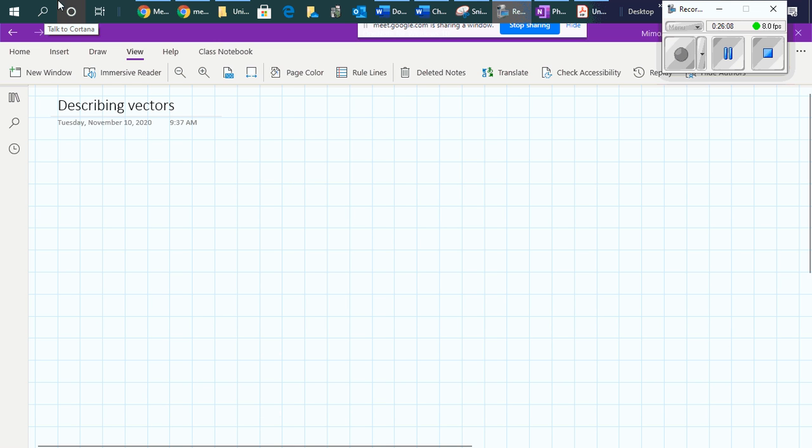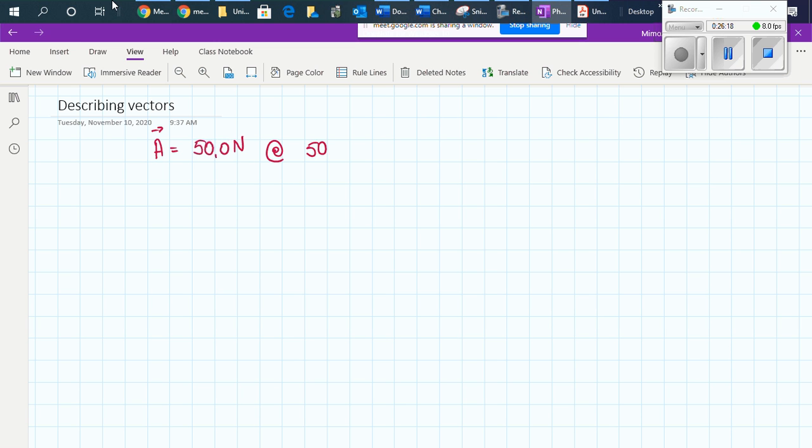So now let's suppose that we have a vector A with magnitude of 50 newtons at 50 degrees south of east. How will you draw something like this?